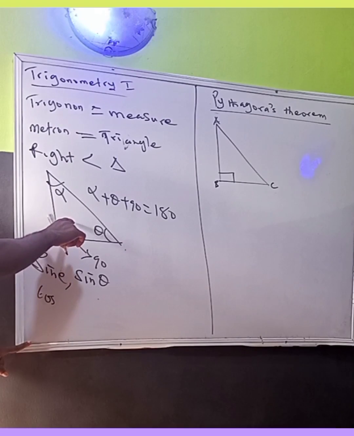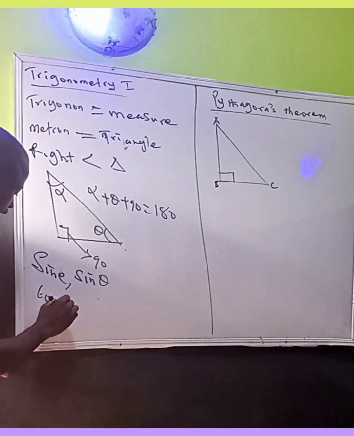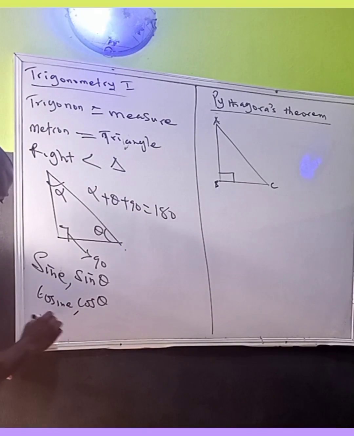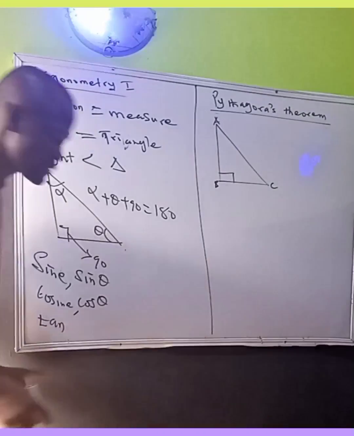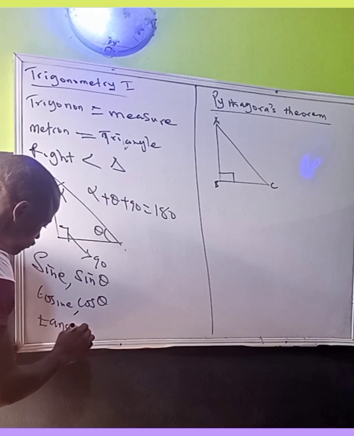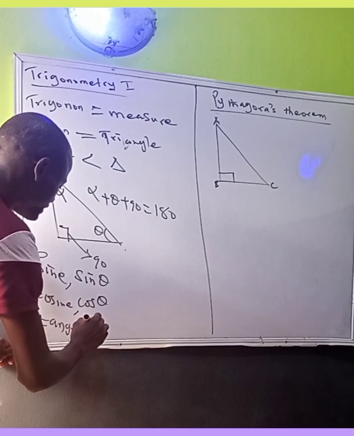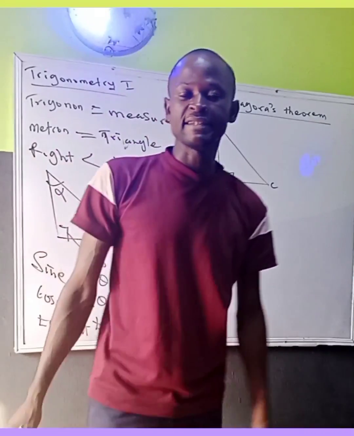If the cosine is measured with respect to theta, we call it cosine or cos theta for short. We have another one, tan. If the tangent is measured with respect to the angle theta, we call it tan theta.